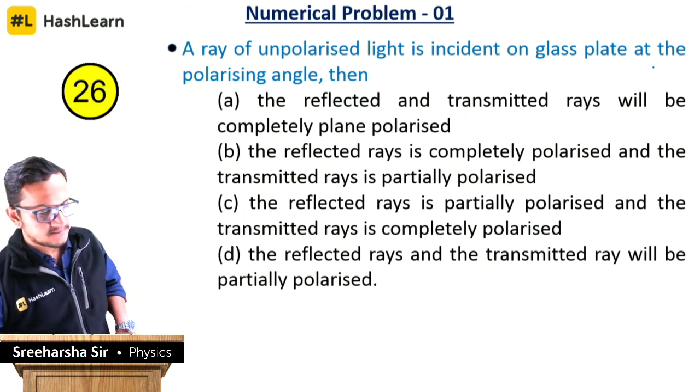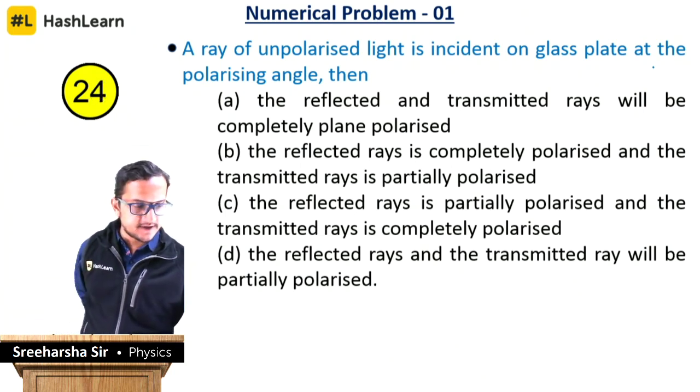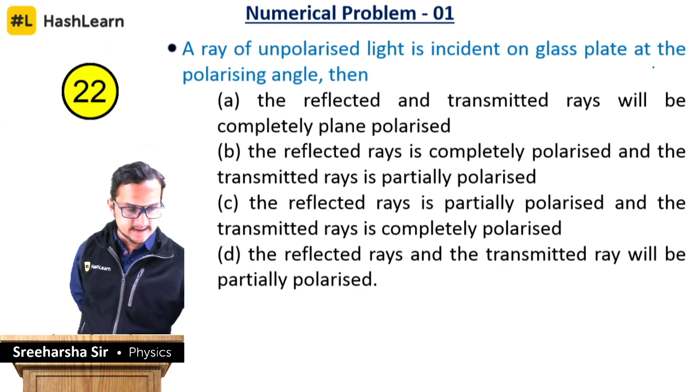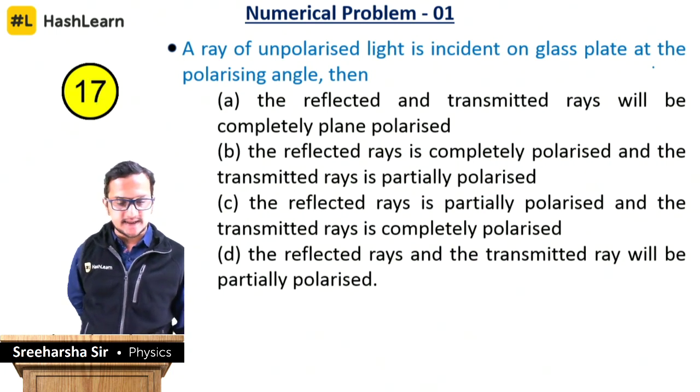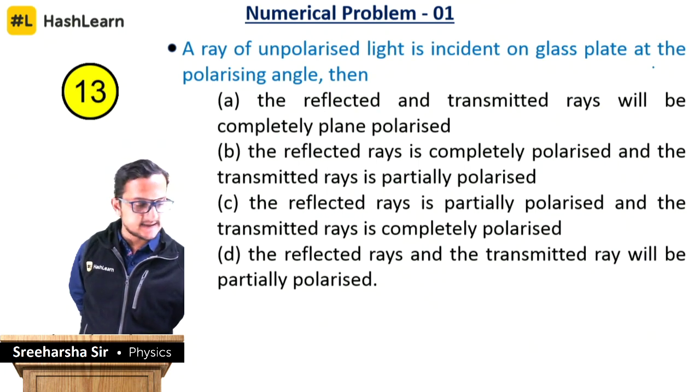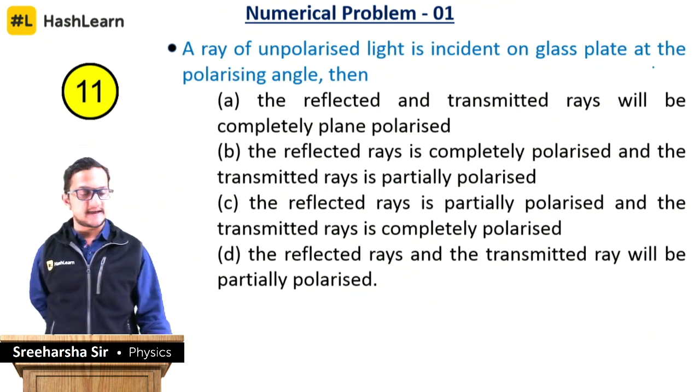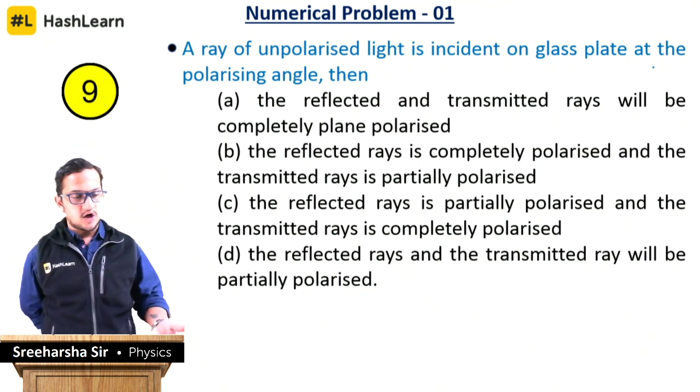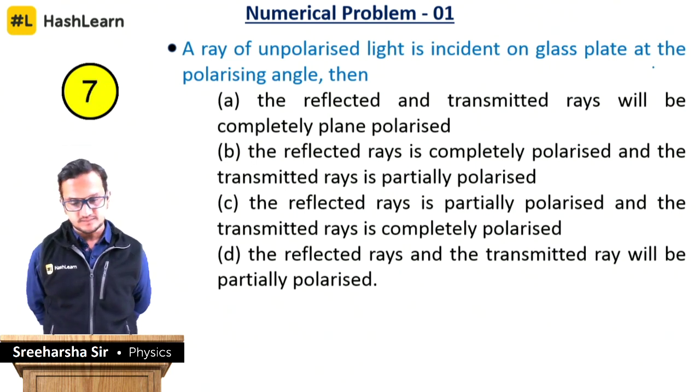Option 1A: the reflected ray and the transmitted ray are completely plane polarized. Option 1B: the reflected ray is completely polarized and the transmitted ray is partially polarized. Option 1C: the reflected ray is partially polarized and the transmitted ray is completely polarized. What is the correct option?